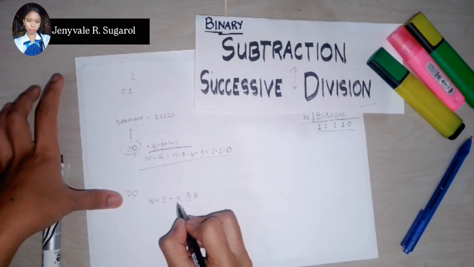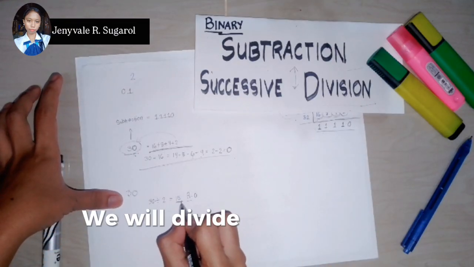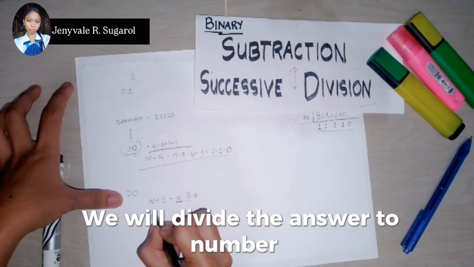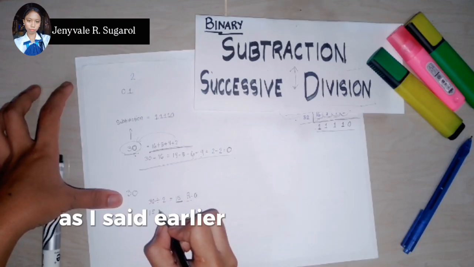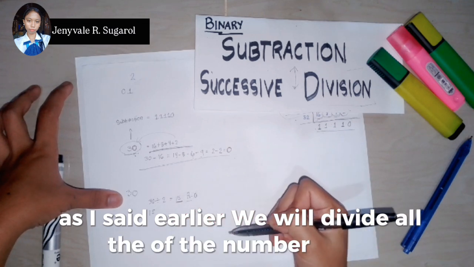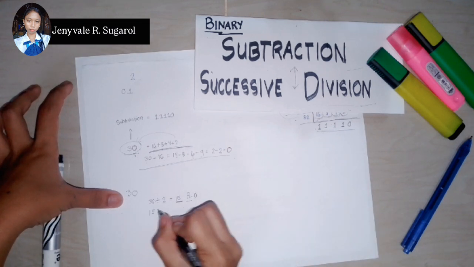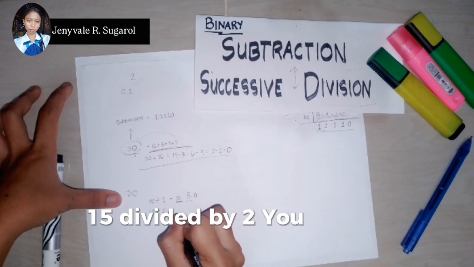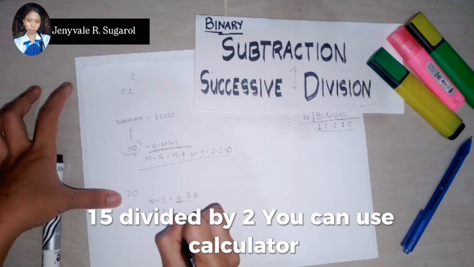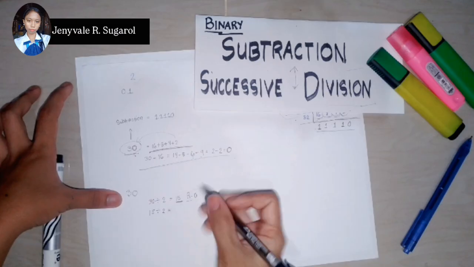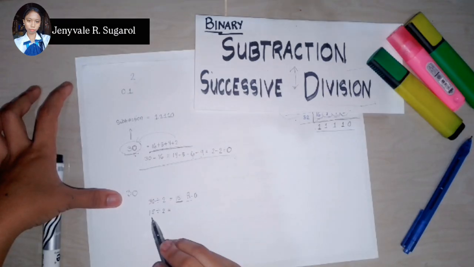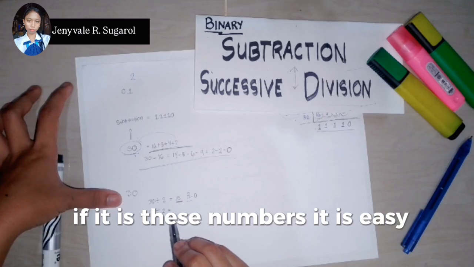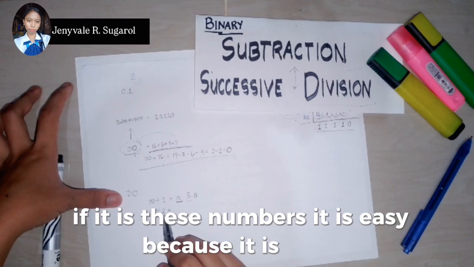Now, we will divide the answer by 2. As I said earlier, we will divide all of the numbers by 2. 15 divided by 2, you can use a calculator, but if it is these numbers, it is easy because it is small.